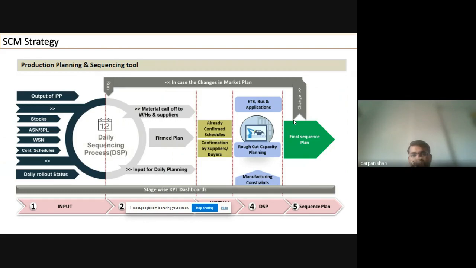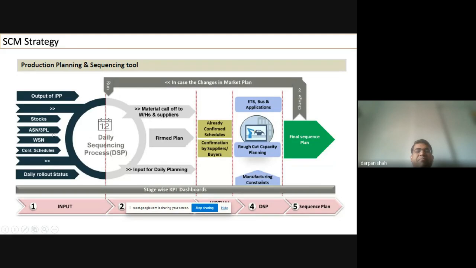Going forward, just to brief you about the basic information flow or process flow, there is a department called Production Planning and Control. From an operational point of view, we have a lot of inputs required to ascertain the list of different types of products that should be manufactured on that particular assembly line.